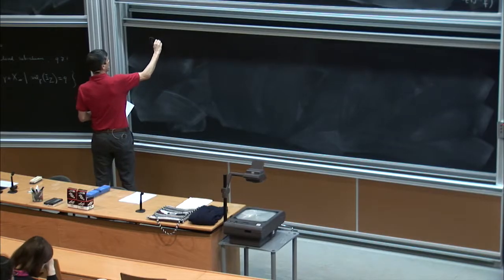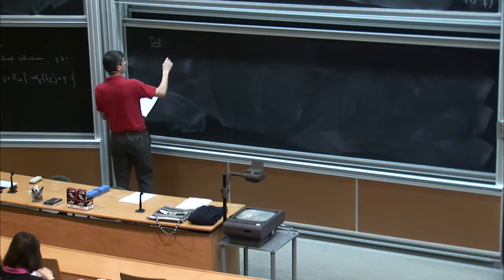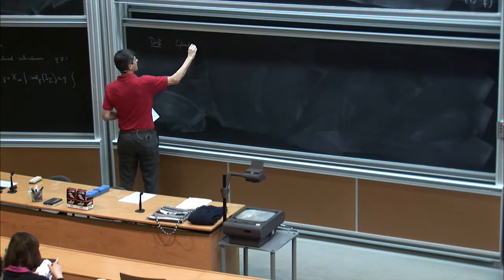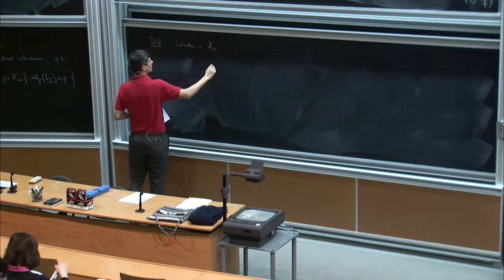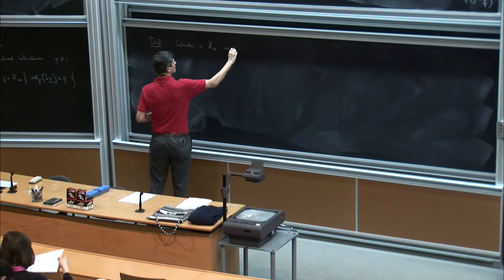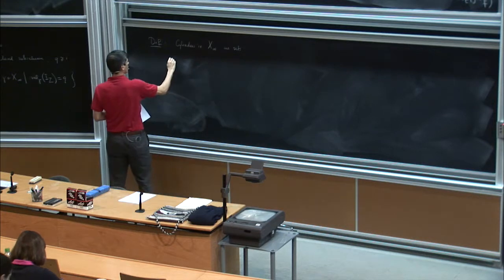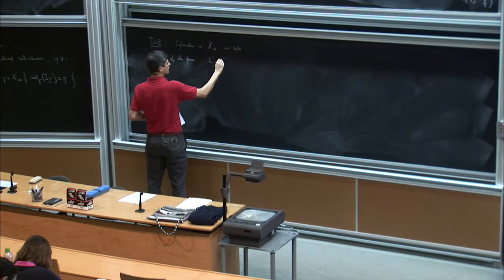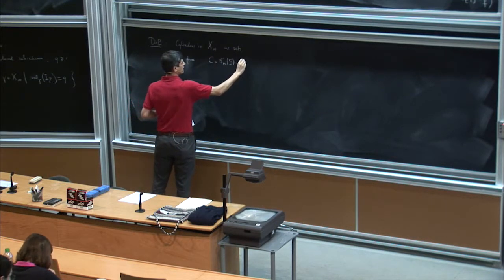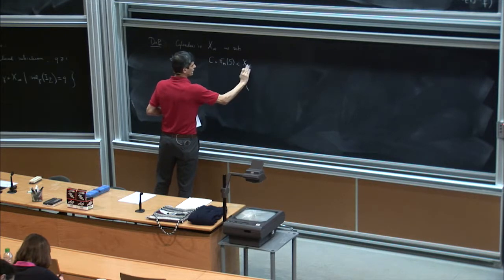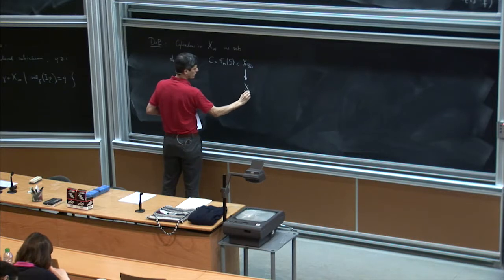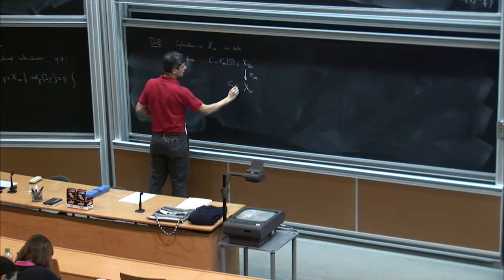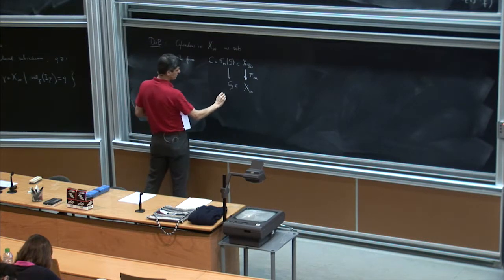So the definition is that cylinders in the arc space of X are sets of the form C equal to the inverse image on some level m of some set S. Oh, sorry, this is in X infinity, where I look at the projection or truncation map to level m, and the set S is a set in X_m. So C is the inverse image of that, and this set S is a constructible set.